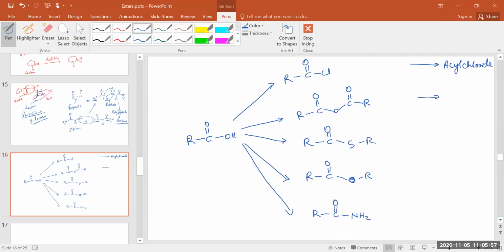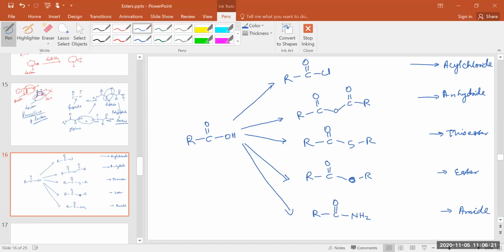And this is called anhydride. This is the thioester. And this is just ester. And this one is amide.